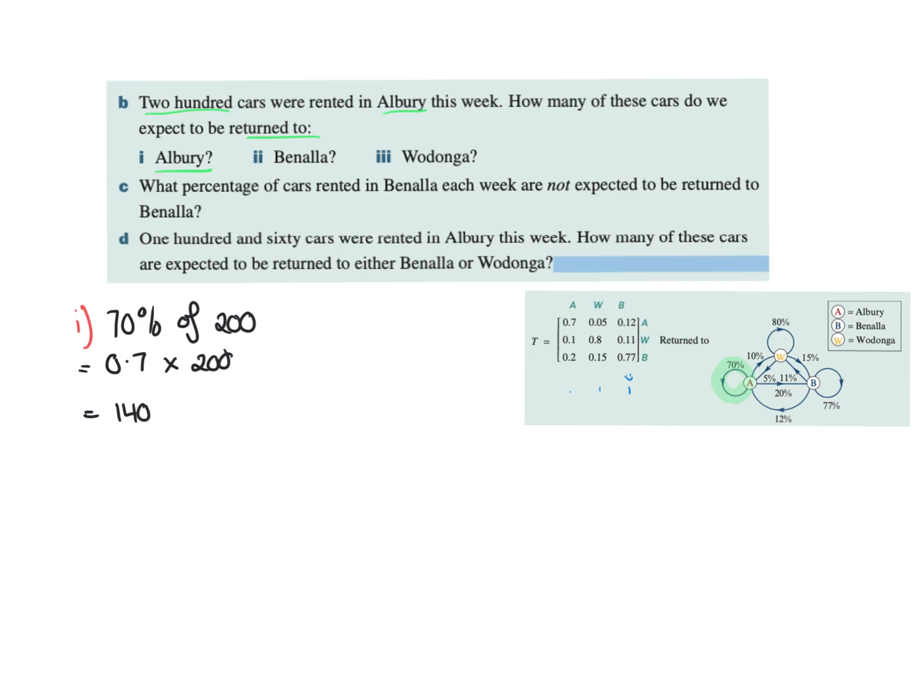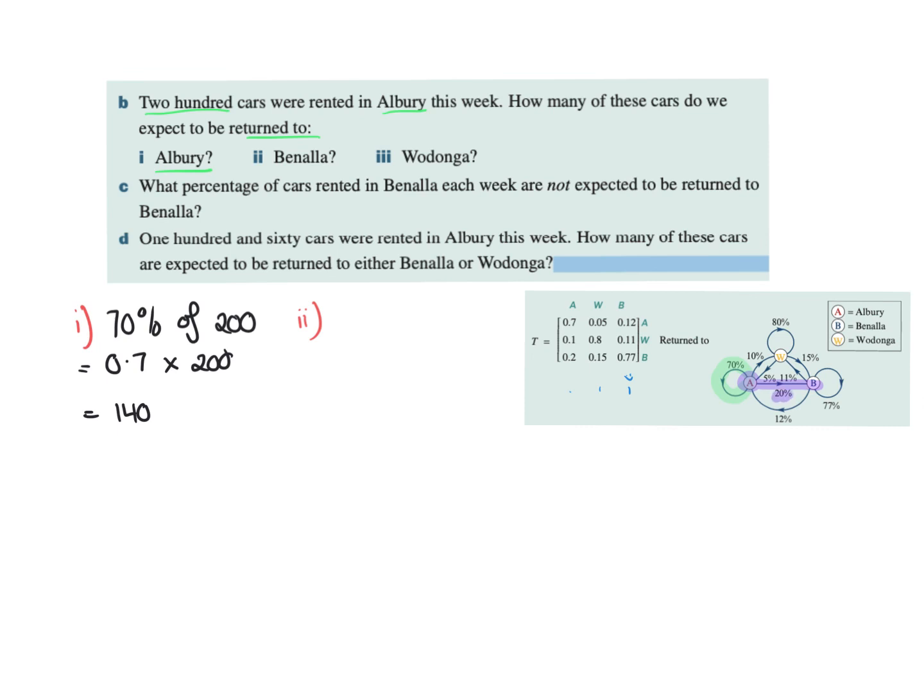Okay, now in question 2, it says we want to go from Albury to Benalla. So let's have a look. If I look on the diagram, it says 11%. I'm just going to check. Is it 11?